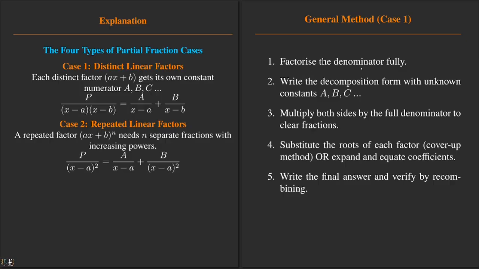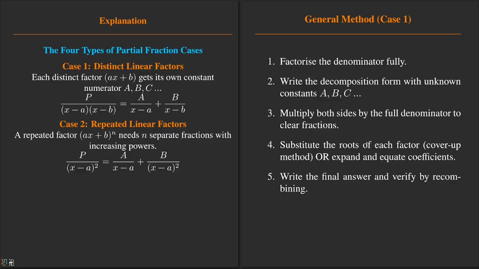So if you're able to factorize fully, then you now write your decomposition form with your unknown constants. Now the number of constants depends on how many linear factors you have. So for this, we had just 2 linear factors, hence we need just 2 constants. If you're able to do that, you now multiply both sides by the full denominator to clear the fractions.